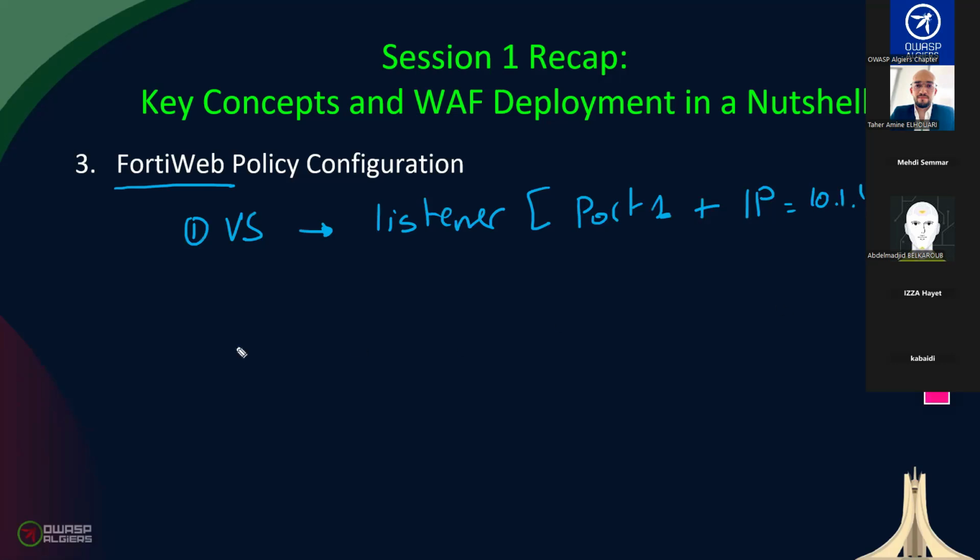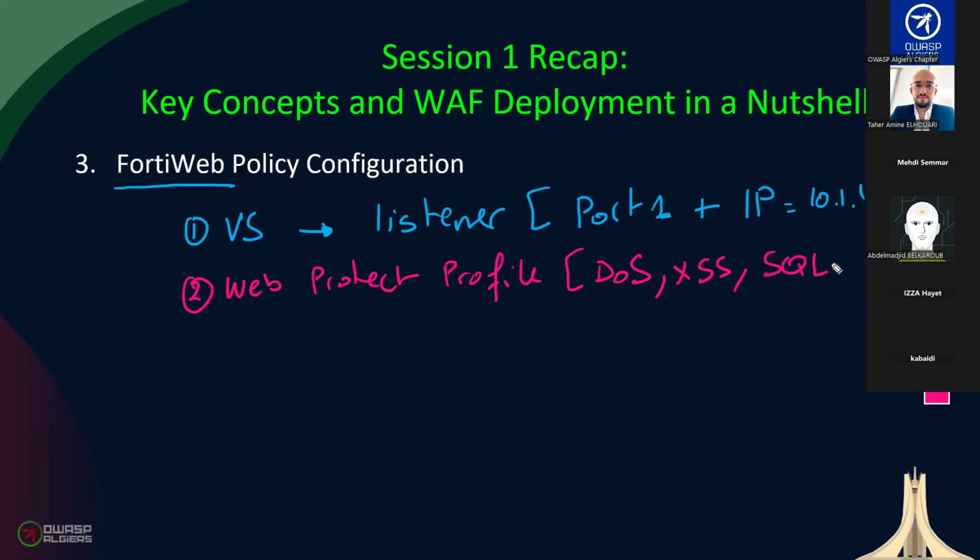Then, when you configure the VS, you configure a web protection profile. The web protection profile is simply a set of security controls that determines how the traffic should be inspected. Do you want to use, for example, DDoS or DoS policies, XSS signatures, SQL injection signatures, etc.? All the security at layer 7, sometimes also at layer 3 and layer 4, is configured inside the web protection profile.